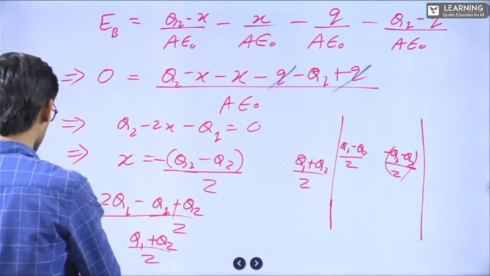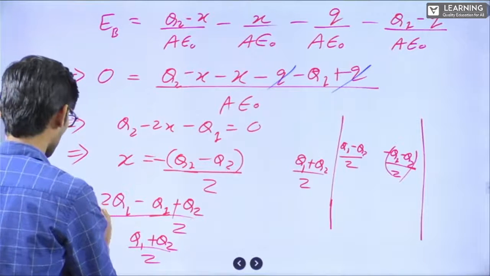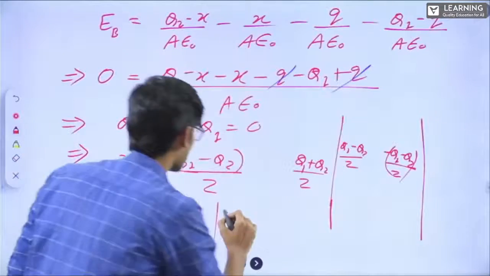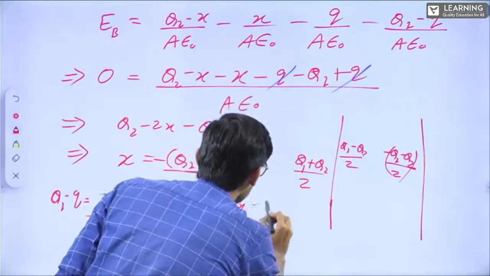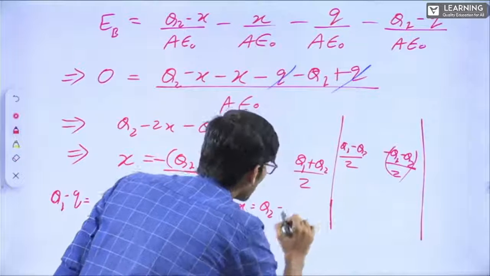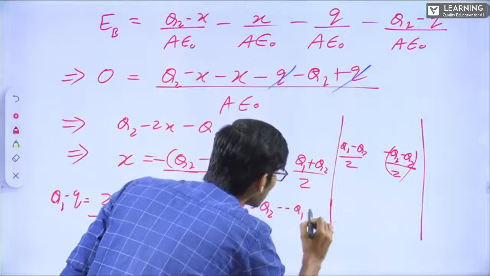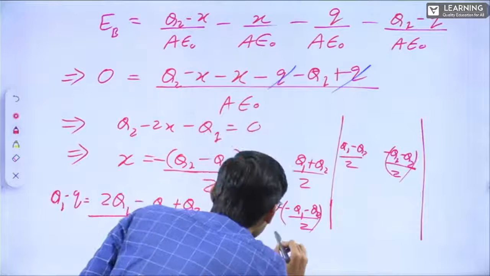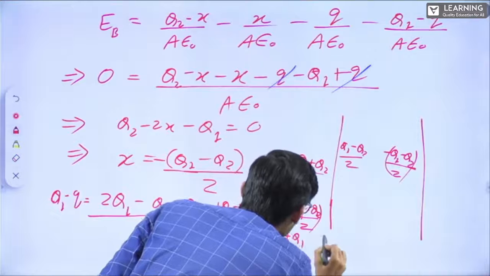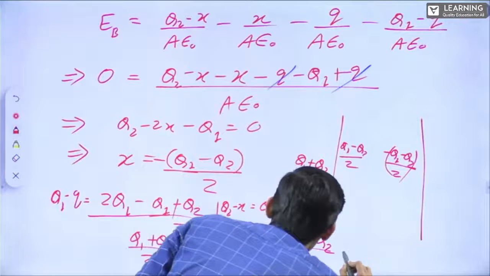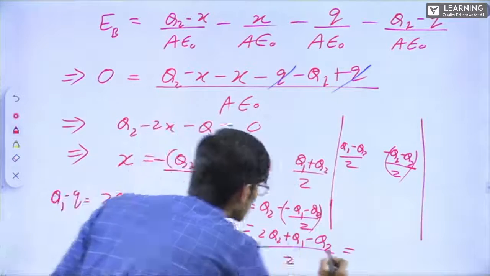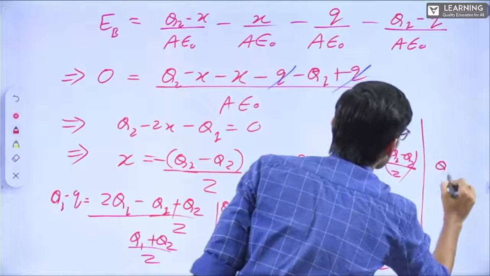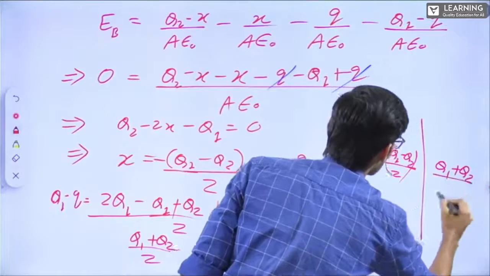This is Q1 minus Q. Another was Q2 minus X. Q2 minus X is equal to Q2 minus of Q1 minus Q2 by 2. Minus minus will become plus, 2Q2 plus Q1 minus Q2 by 2. That is, Q1 plus Q2 by 2. So here Q1 plus Q2 by 2.